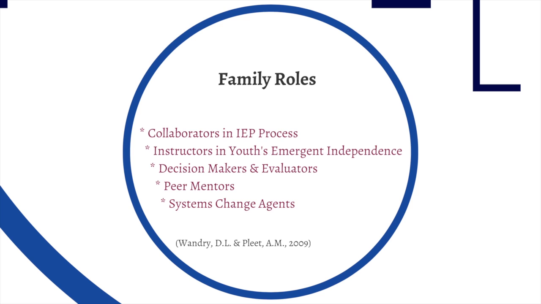How do students learn to be independent? The best coach for them is their families. Decision makers and evaluators, they provide feedback to the school on how the student is developing and how the program is working. Peer mentors for other families. And finally, families are great systems change agents and can be used to help shift a system.